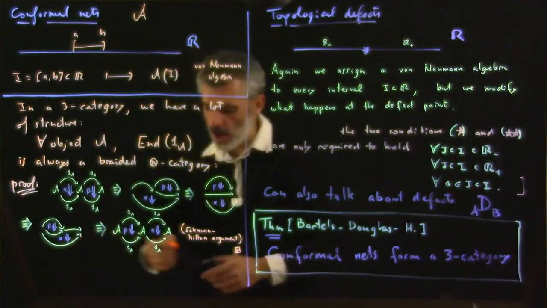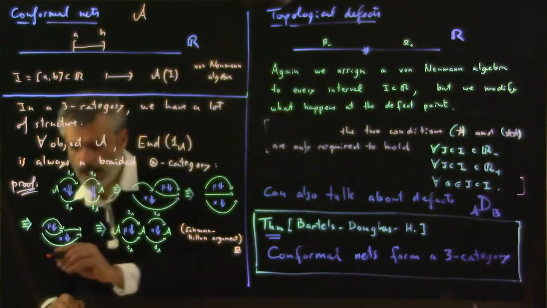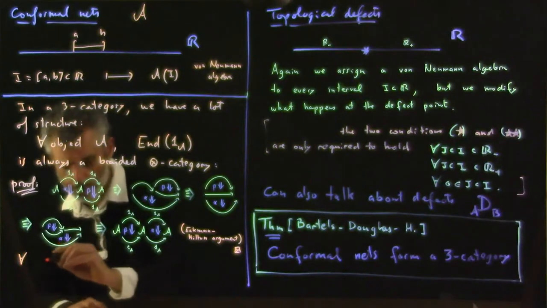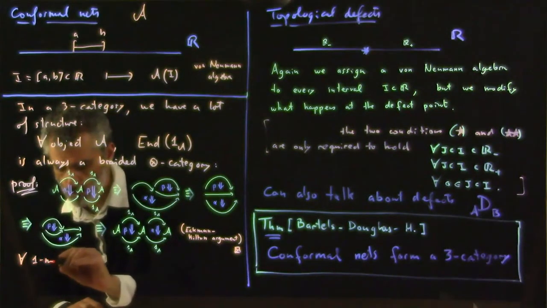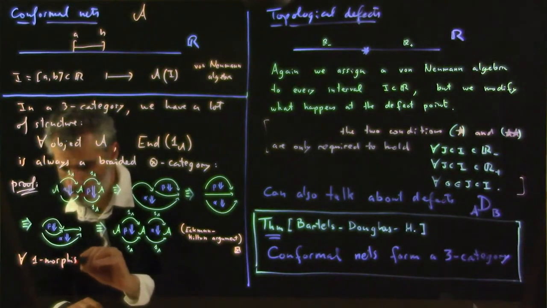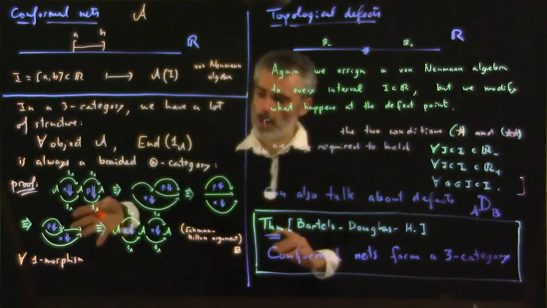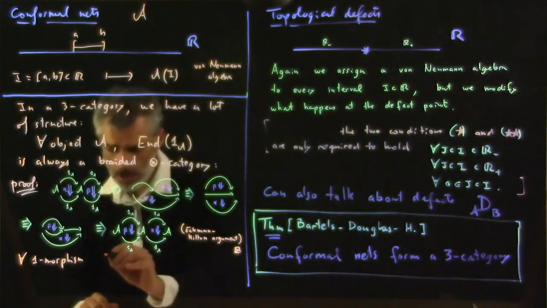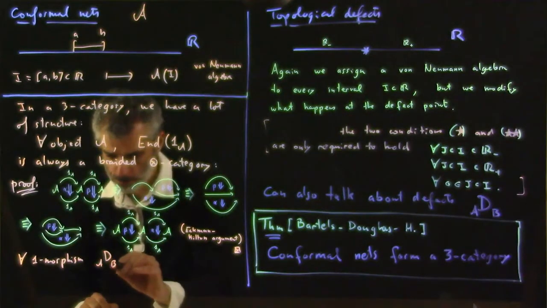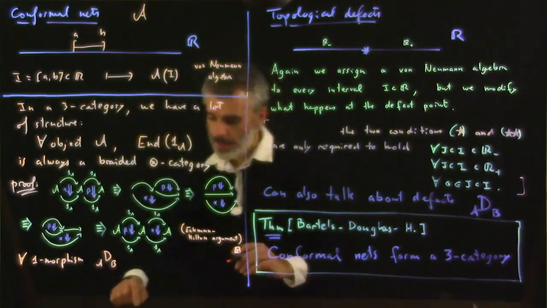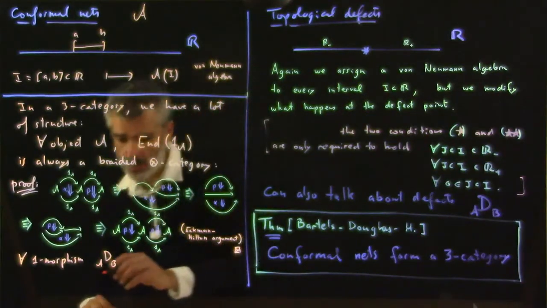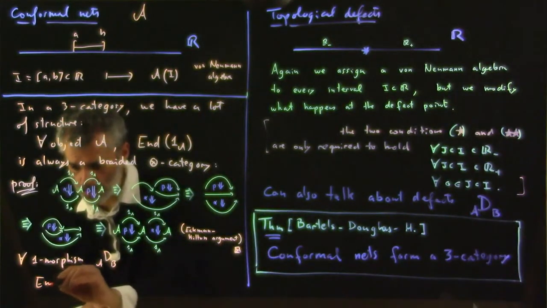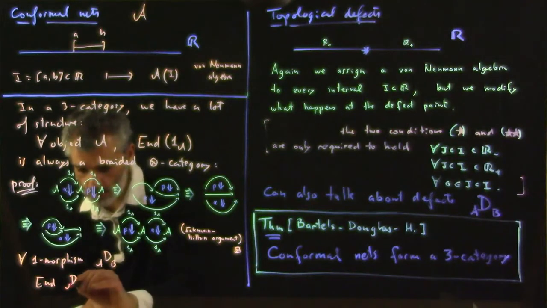Here's another cool fact, that for every morphism, which I'm going to call a one-morphism, just to be specific, so one of these, a defect, then we can look at the tensor category of endomorphisms of the defect.